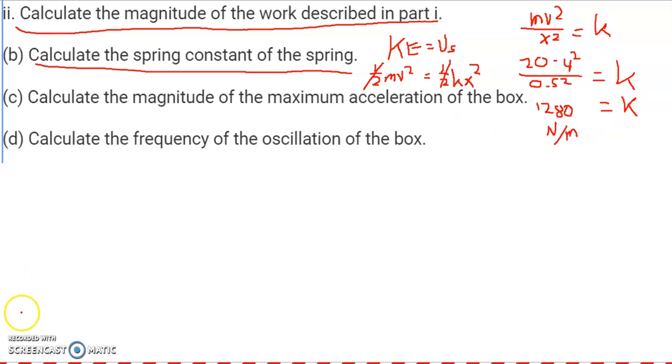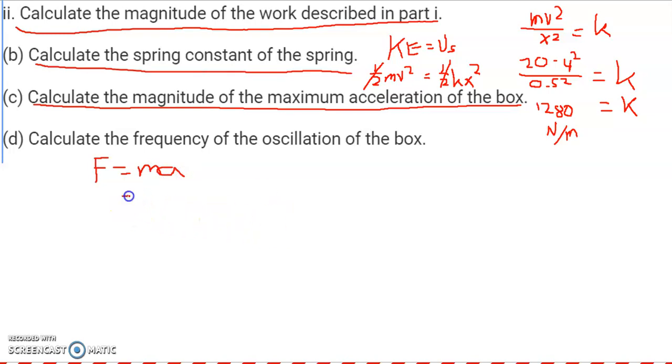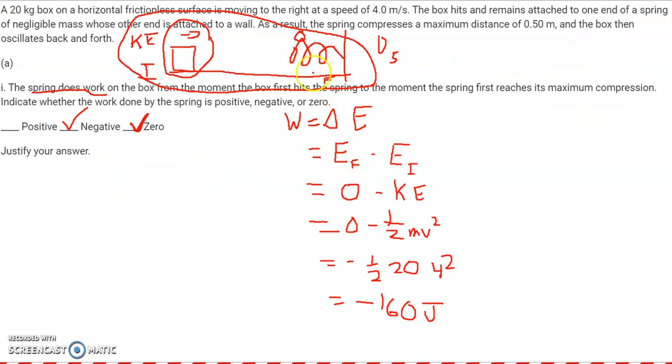Okay, perfect. Okay, calculate the magnitude of the maximum acceleration of the box. Right? So we can find acceleration from F equals ma. Now, what is the force that is causing this box to accelerate?